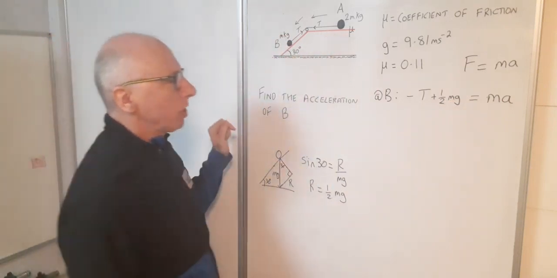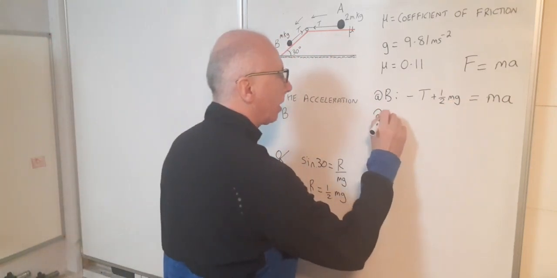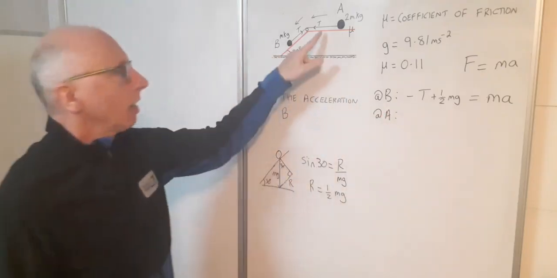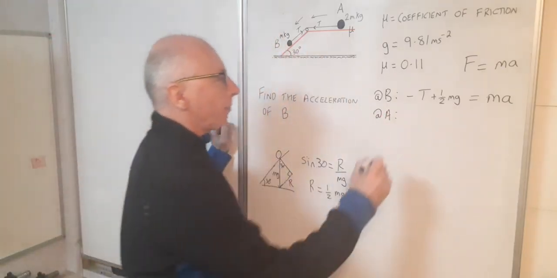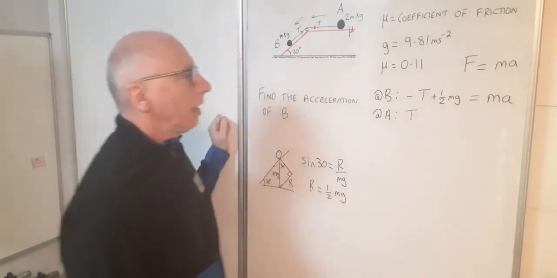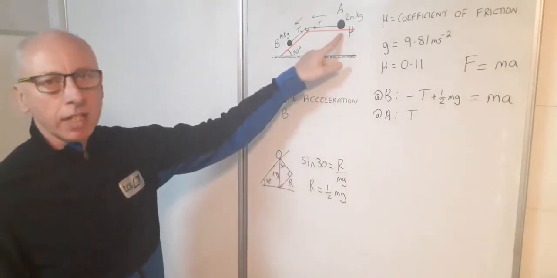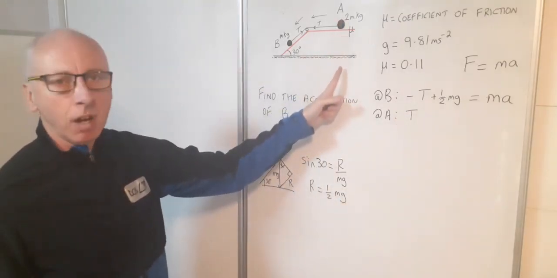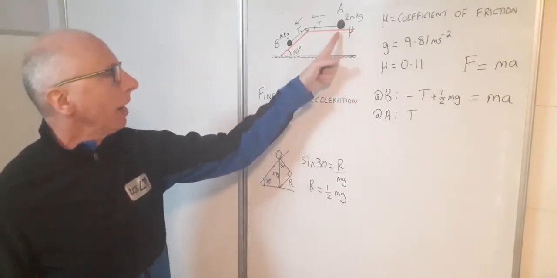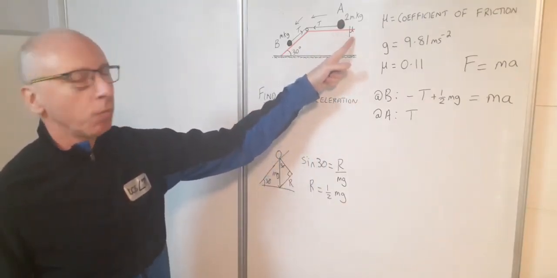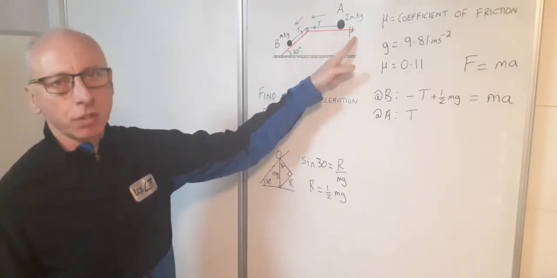Then look at A, what's happening with A. So at A, this time tension's going in the correct direction. And the force of gravity acting on this will be just in a line perpendicular to the plane there, and also acting on it will be the force of friction.